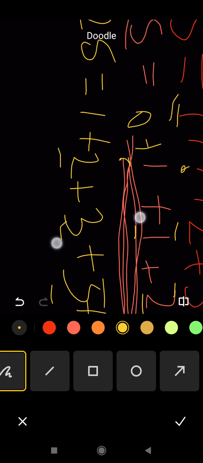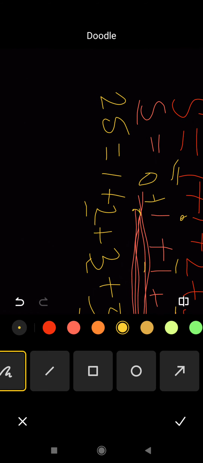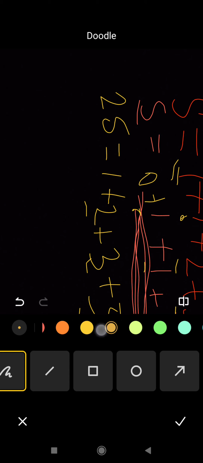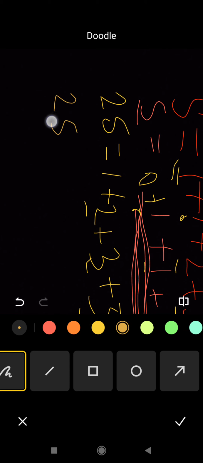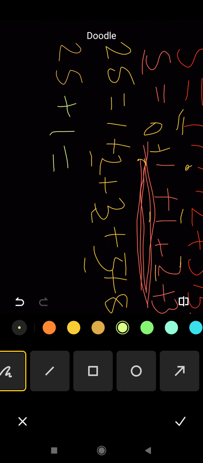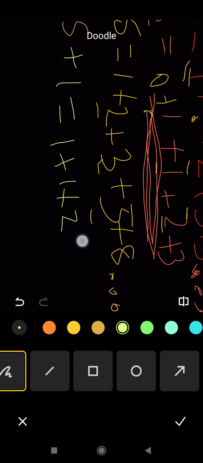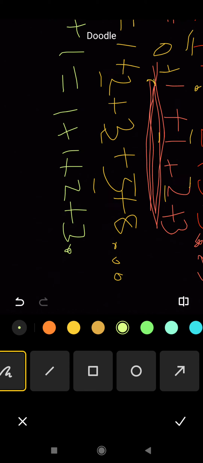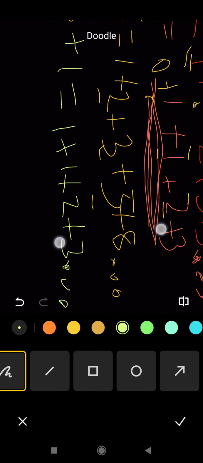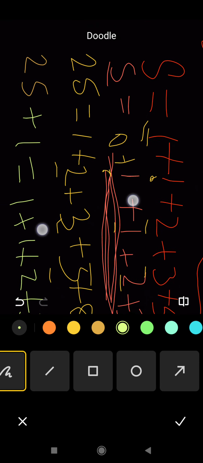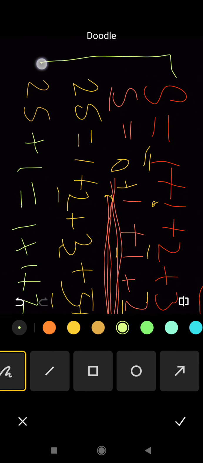So that means if we add 1 to both sides, we get 2S plus 1 equals 1 plus 1 plus 2 plus 3 plus 5 and on up to infinity. And then this series must be equal to S, right?